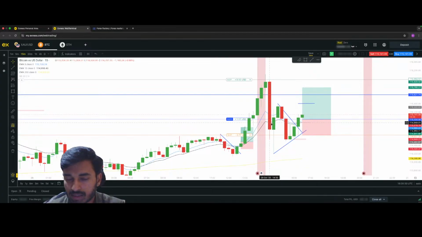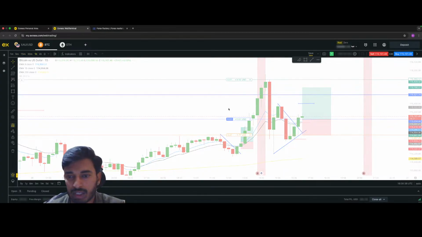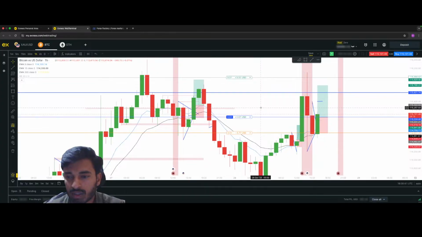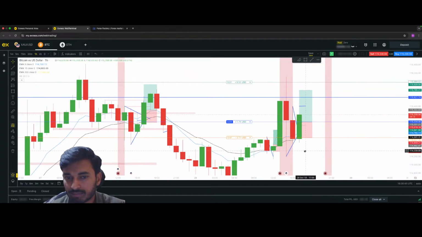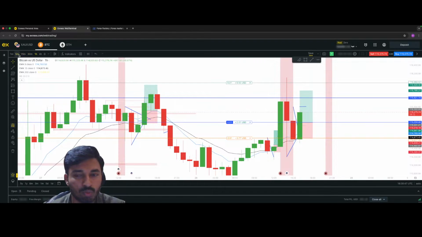See, it is taking support here, then it took liquidity over here and it is moving up. And if I shift to 1 hour, in 1 hour also it is taking support at 9 and 15. Yeah, it is giving a good move.